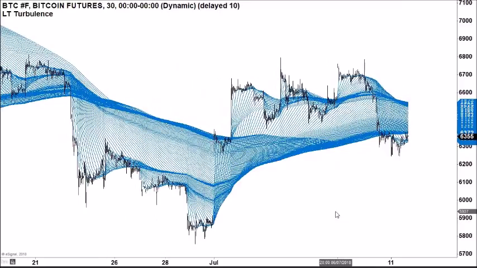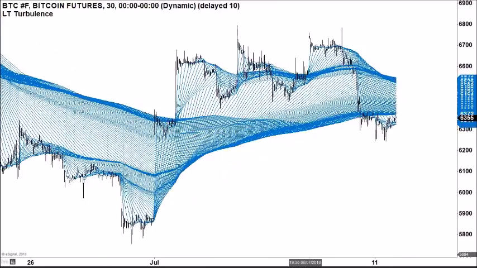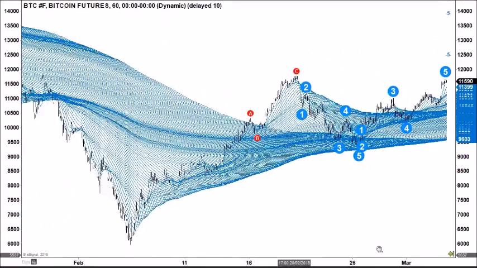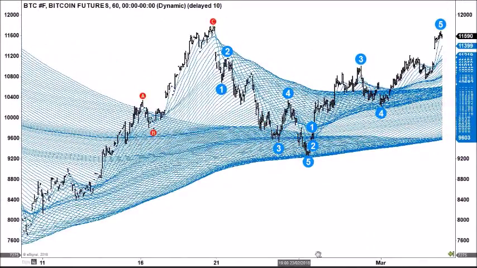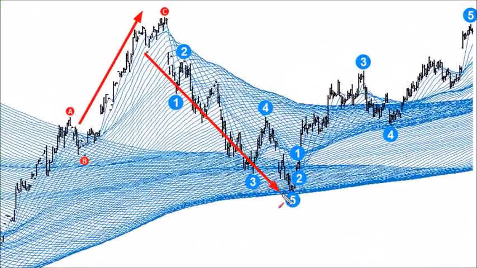I'll just give you a quick example here. Let me show you this particular chart. What you will see here is that when price goes above the cloud, there's a higher tendency for price to move higher. And what tends to happen is when price has a correction, when price drops, it has a tendency to move back into these thick levels of turbulence you see on my chart.